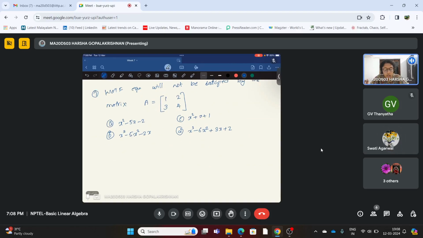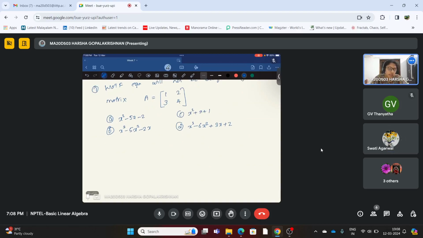Can you say, or is there any other way to find that? The question is whether A satisfies the given equation. That means if I substitute A into the given equation, it should be equal to 0. Equation satisfied means it should equal the zero matrix.